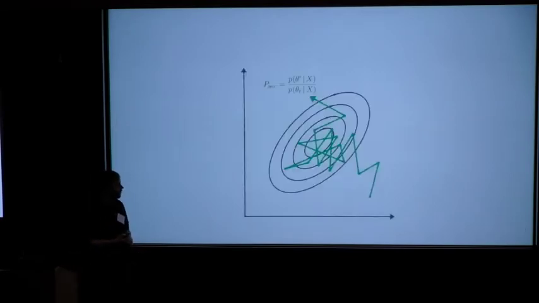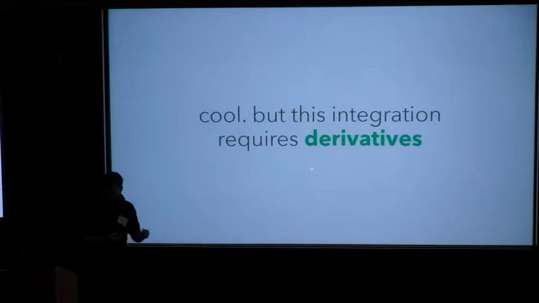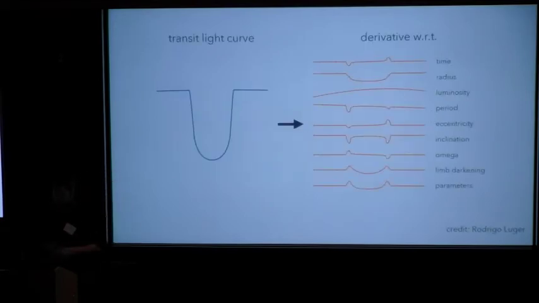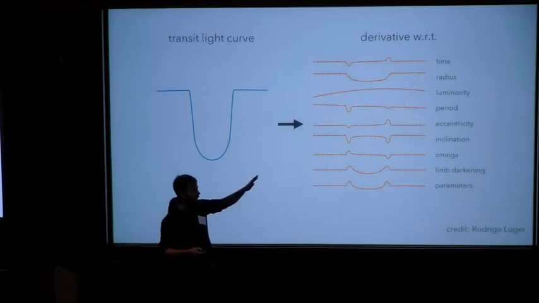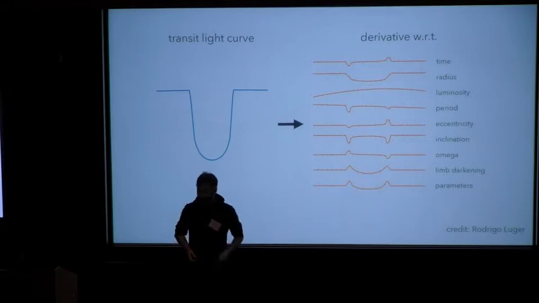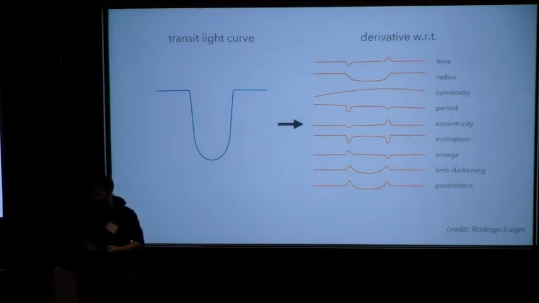So, okay. I said this requires derivatives, and remember, these are the derivatives that we're talking about. And I mentioned that we might want to reparameterize things. And Eric mentioned yesterday that these methods can be a little finicky, and they're very sensitive to the parameterizations.